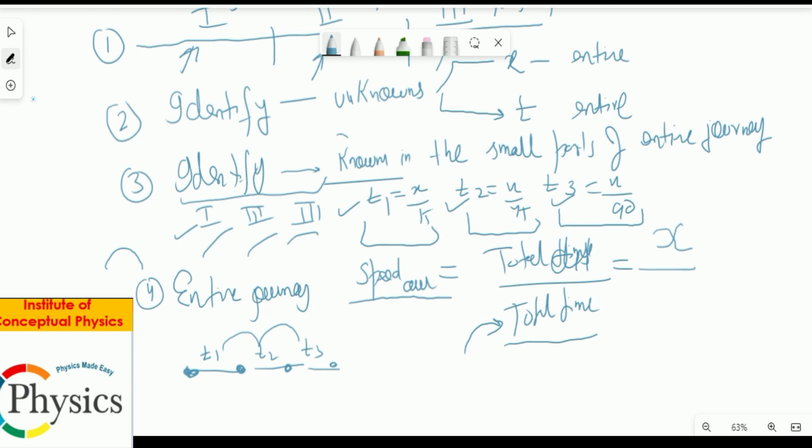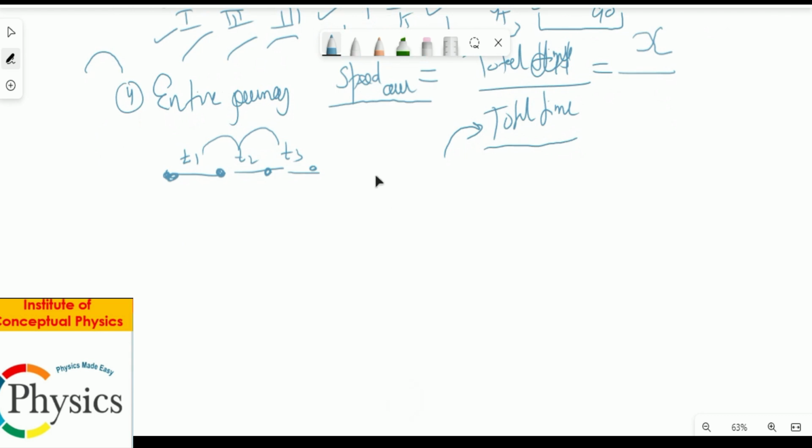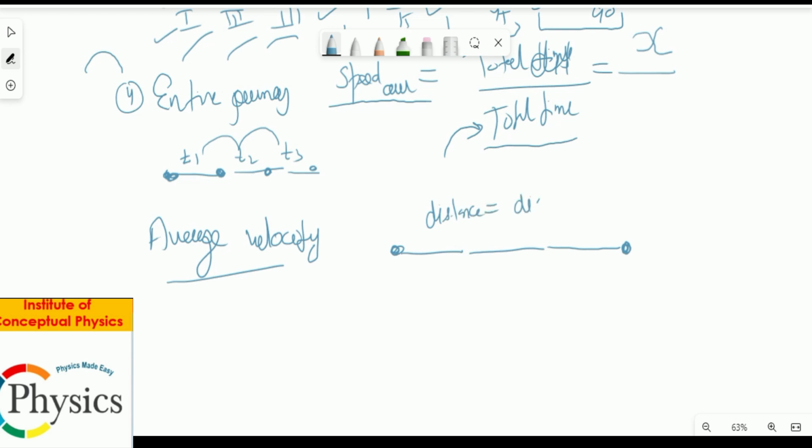I hope this made sense to you. You will get a question on average speed and average velocity in your examination. Now let's talk about the concept of average velocity. In this particular question, since the initial point and the final point are identical for the 1/3, 1/3, and 1/3 parts, all are equal, so the distance will be equal to displacement, and we know that the average velocity is given by the total displacement divided by total time.